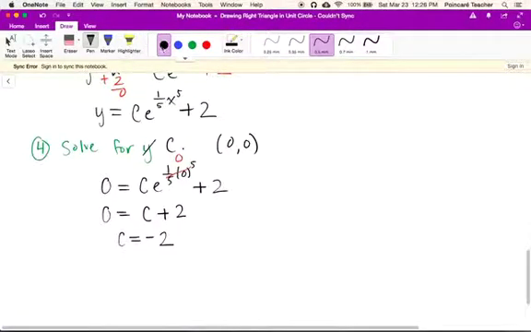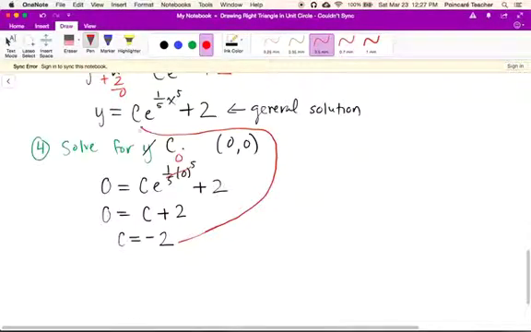Okay, so now we're going to present our solution by plugging our particular solution into the general solution. So this is the general solution. And then we're going to plug this initial condition in for c here into the general solution to get the particular solution.